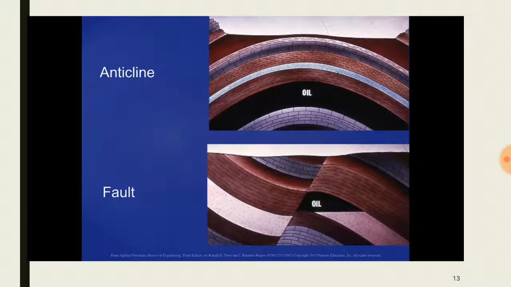As we have said about a reservoir, there is also something called a trap. A trap is a structure which prohibits the escaping of hydrocarbons. We know that a reservoir can accommodate hydrocarbons, oil and gas.